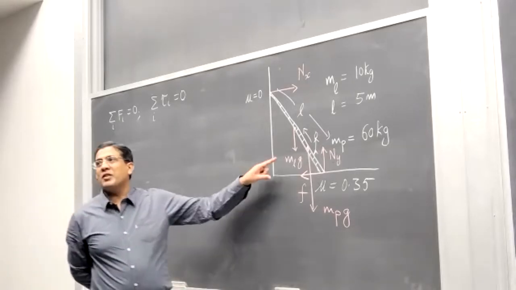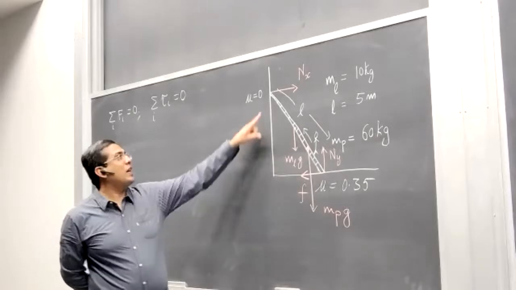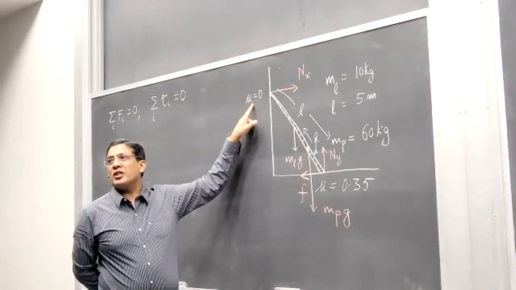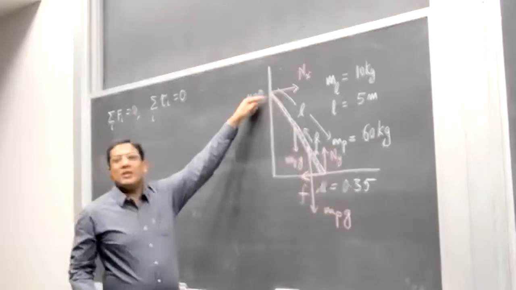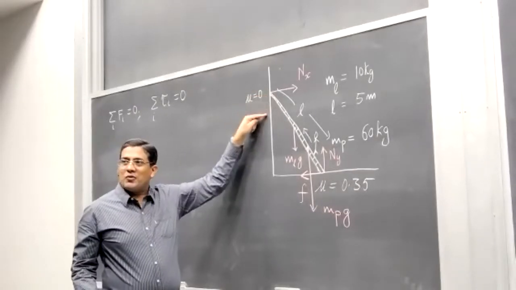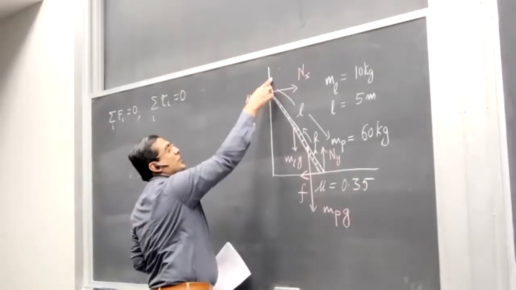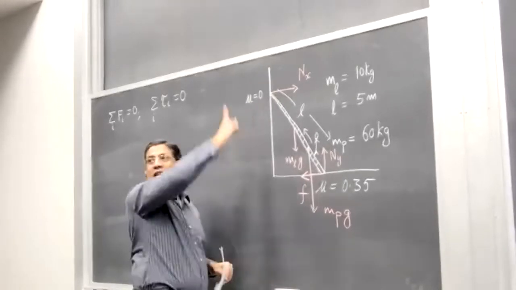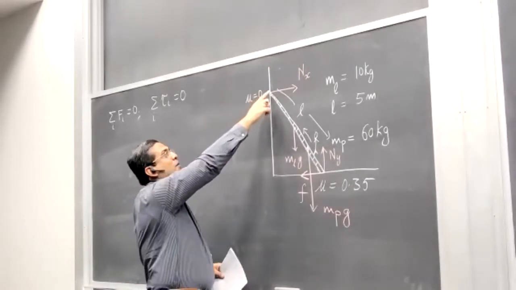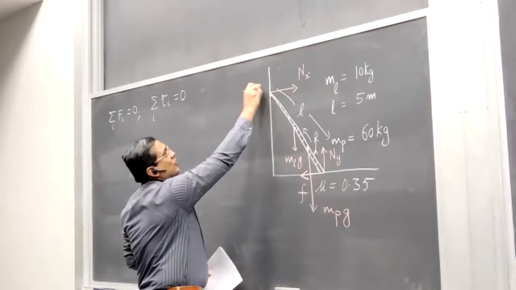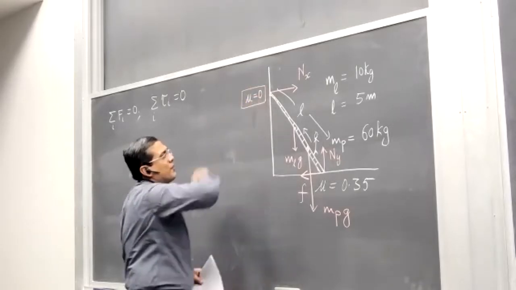Sometimes this problem is given in a bit more complicated shape, where this mu is non-zero. If this mu is non-zero, then possibly the ladder could slide downwards or is trying to slide downwards. So there is a force of friction acting along this surface, between these two surfaces here. But we are given this, so we don't need to consider that force.